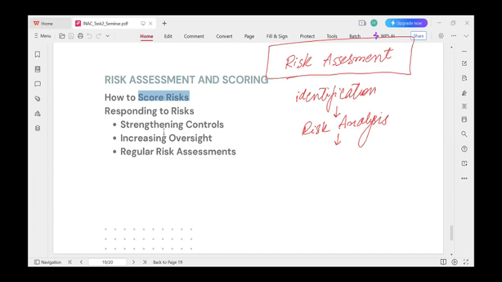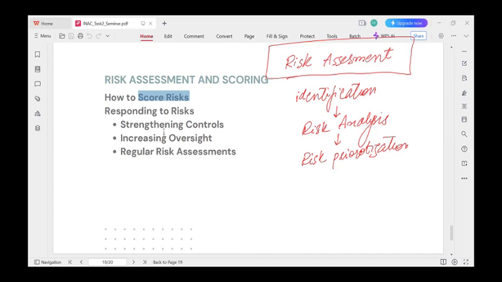Okay, so you're doing the risk analysis. Then you do risk prioritization. In risk prioritization, you assign priorities on the basis of the scores, like we did.